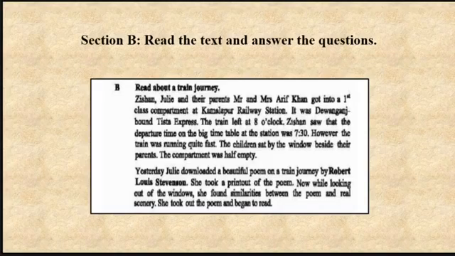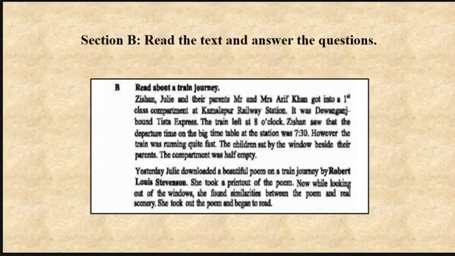Jishan, Julie and their parents, Mr. and Mrs. Arif Khan, got into a first-class compartment at Kamalapur railway station. It was the Devanganj-bound Tista Express. The train left at 8 o'clock.